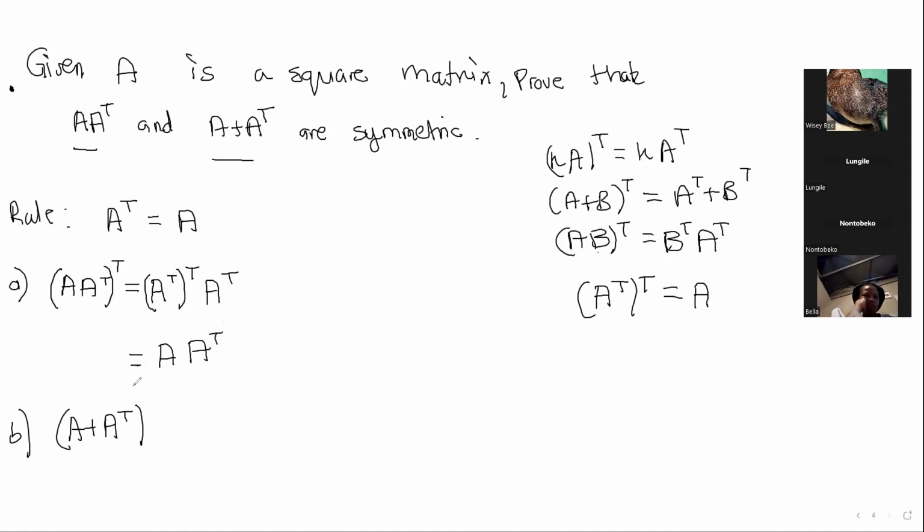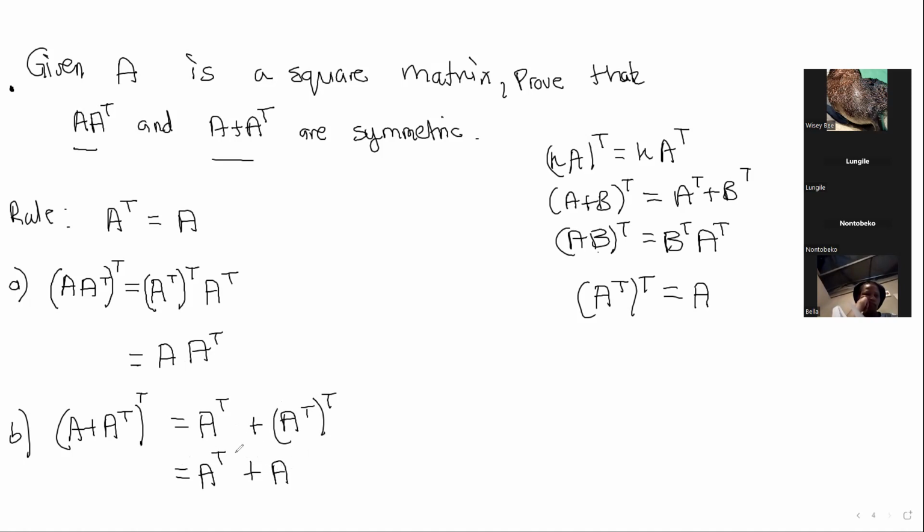The same thing with this one. Our goal is to get A plus AT, right? But we need to show some steps. So using this rule, this is going to be AT plus (AT)T, which is equal to AT plus A, right?